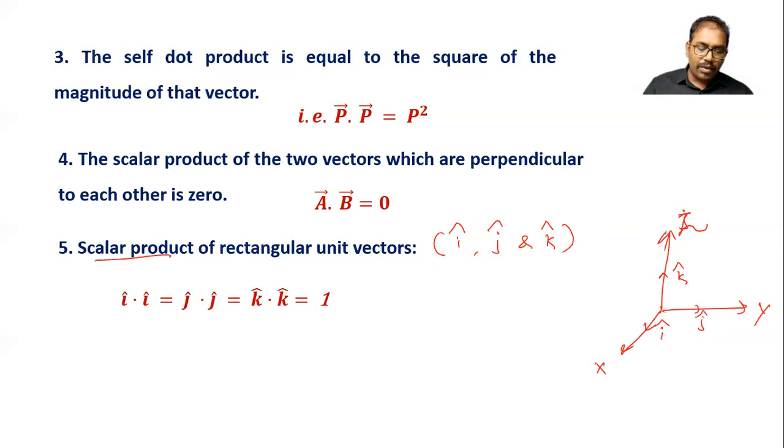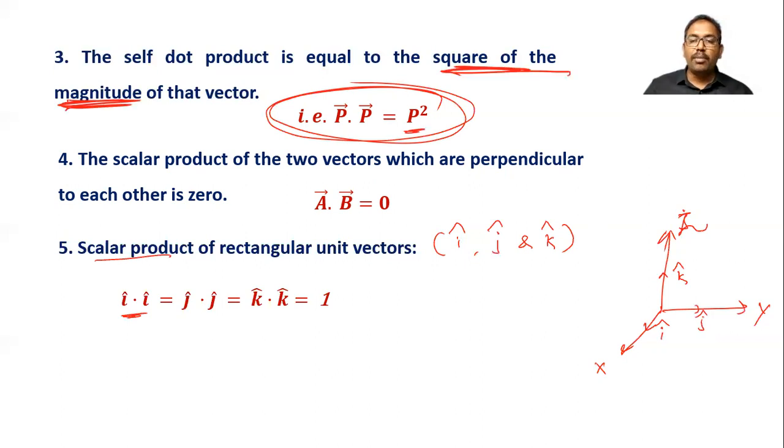If the vectors are the same, we know that it is equal to the square of the magnitude. The magnitude of i is 1 because it's a unit vector, so 1 square is 1. Similarly, j cap dot j cap is 1, and k cap dot k cap is 1.